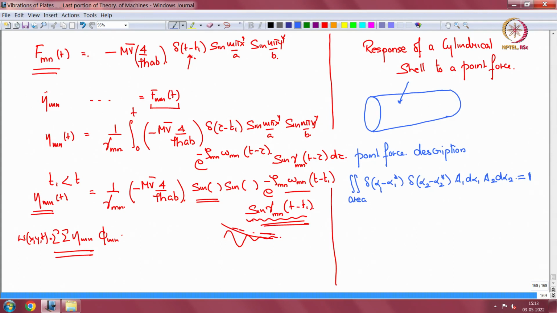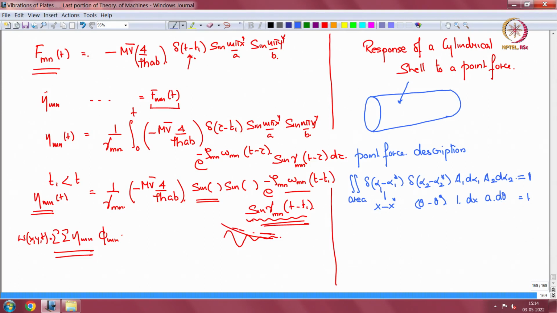Okay. So now if we have a cylinder where this is x minus some x star, this will be theta minus theta star, and so A1 is 1, d alpha 1 is dx, A2 is a, d alpha 2 is d theta, okay, that has to be equal to 1.